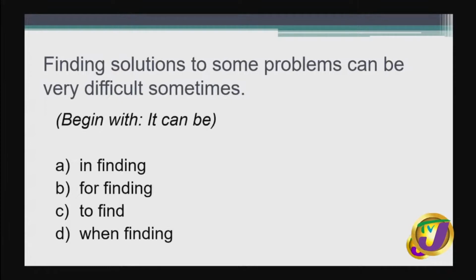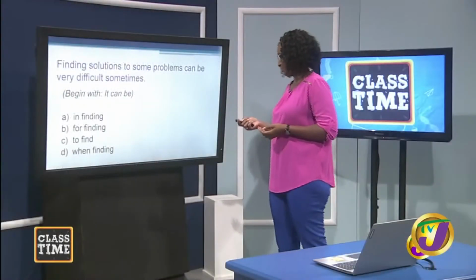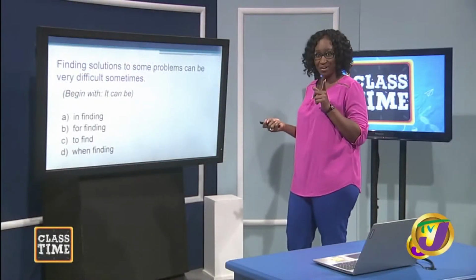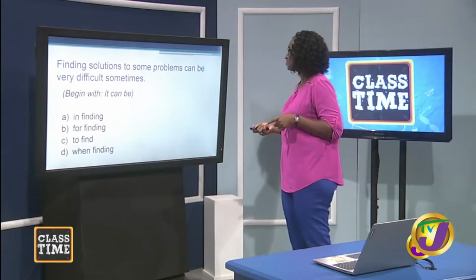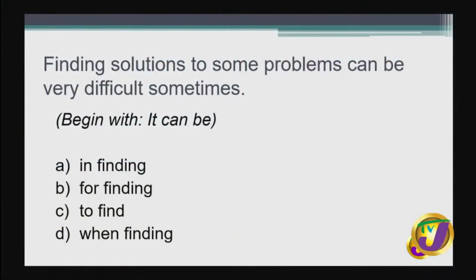Found your answer? Have you found your answer? Ready to clap? Because like I said, we're finished with the crying. So there are your options: in finding, for finding, to find, and when finding. And your answer should have been C, to find.